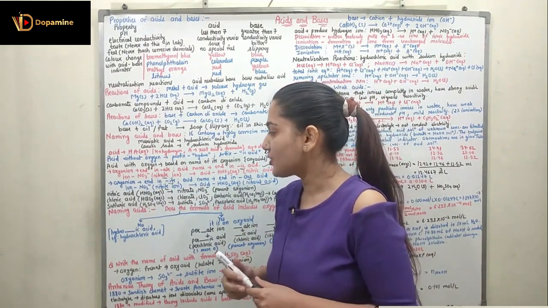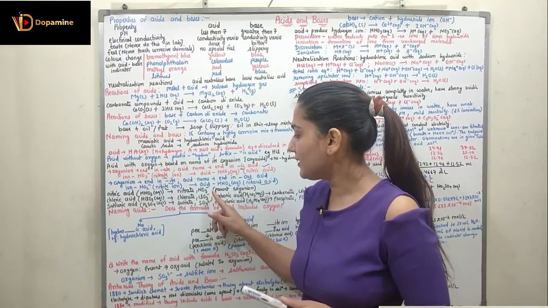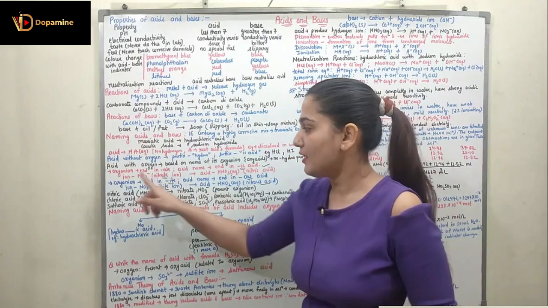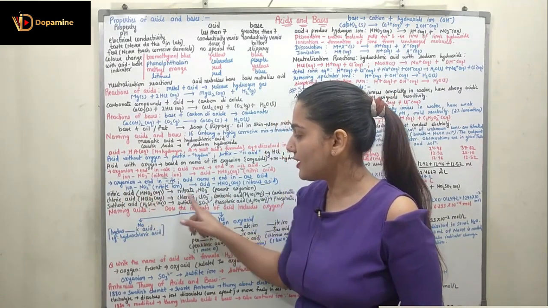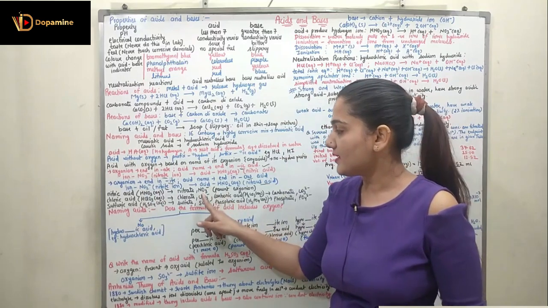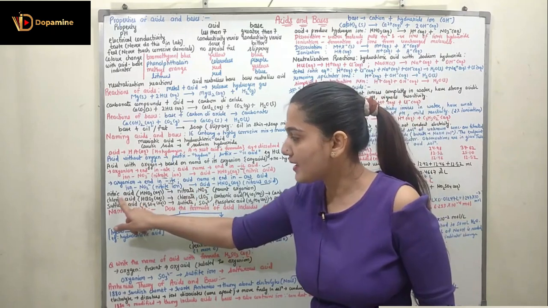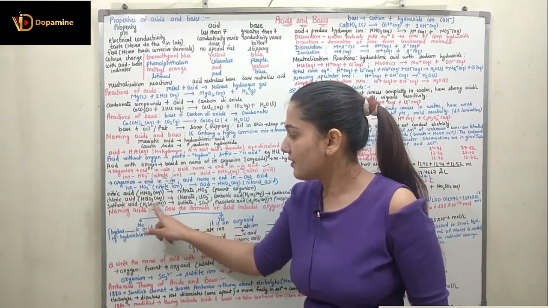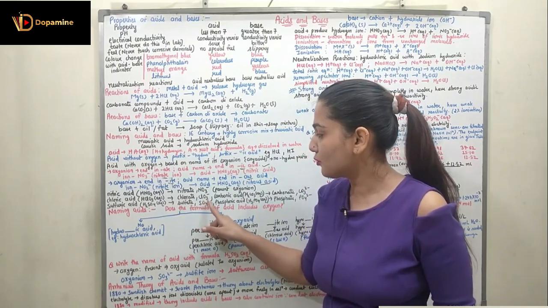Nitric acid, HNO3 aqueous. So here we have nitrate, NO3 negative, as the parent oxyanion. So the acid is nitric acid, which is represented as HNO3, and the parent oxyanion is NO3 negative, which is nitrate. So ate becomes ic acid. Similarly, here we have chlorate. Chlorate is the parent oxyanion, which is ClO3 negative.